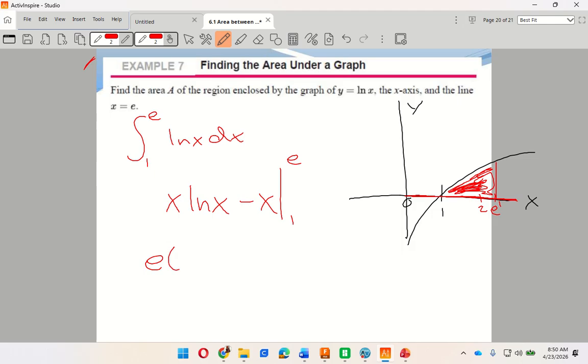So that's going to give me e times 1 minus e, and then minus my lower bound. Lower bound is ln of 1, which is 0. Right here, what do we get? It'd be 1 then. That's 0. And then over there would be negative 1. So then it would be plus 1 again. Positive 1.